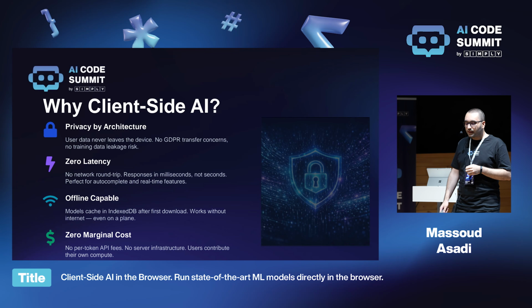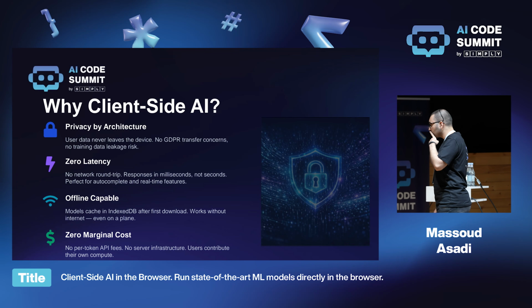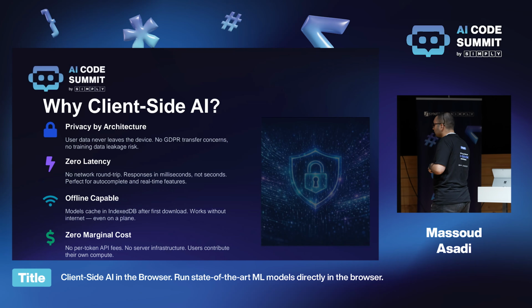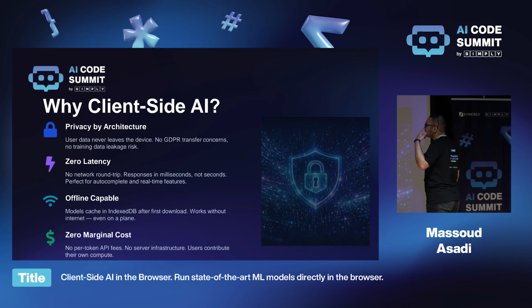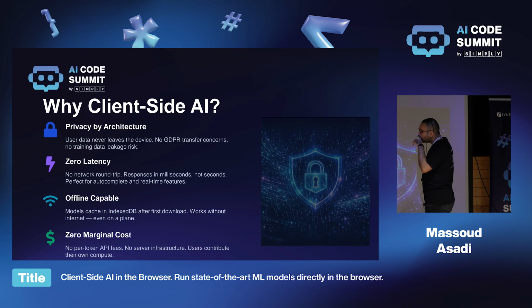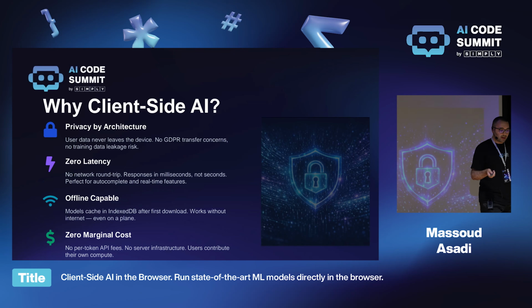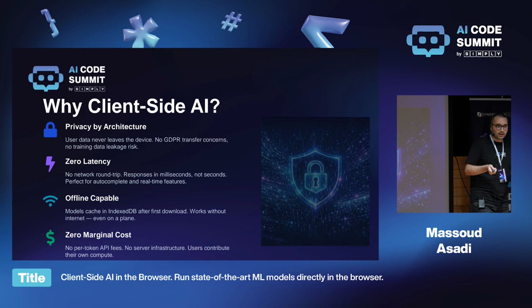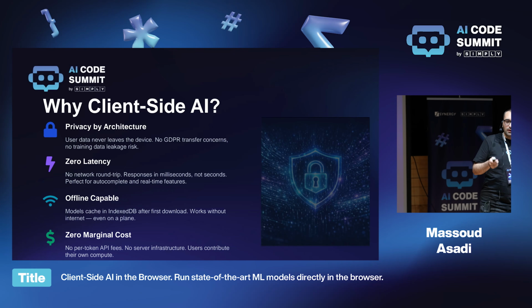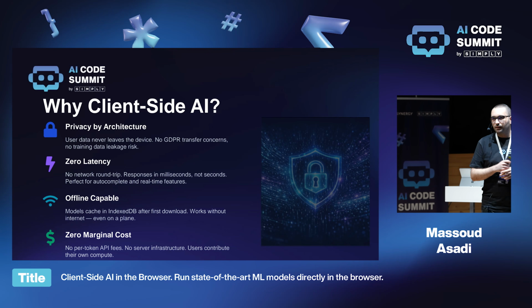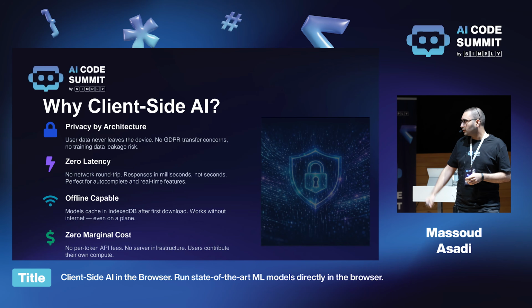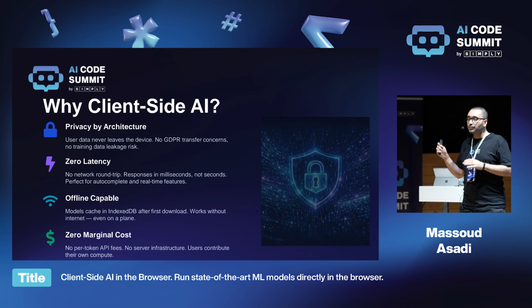Also, we have zero latency, and the most important thing, offline capability, so we can run our model offline. Let's say you have a PWA application, progressive web apps, that has offline capabilities. So you want your model to run offline too. So this is the best choice for you.